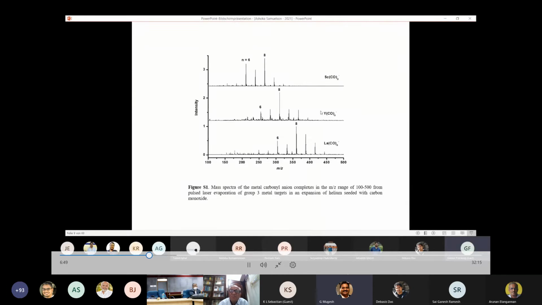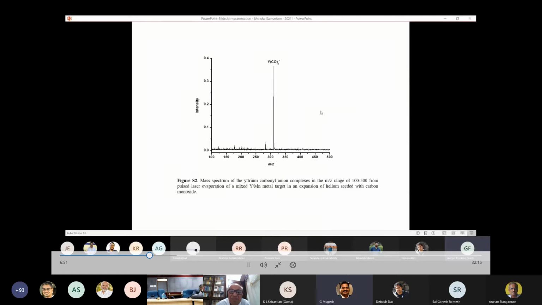And the convincing experiment was done by running a competitive experiment of a mixed yttrium-manganese metal target, and only the yttrium carbonyl survived, which has 8, a little bit of 7, but mainly 8. So it is not 7, it is the octacarbonyl, which is apparently stable.